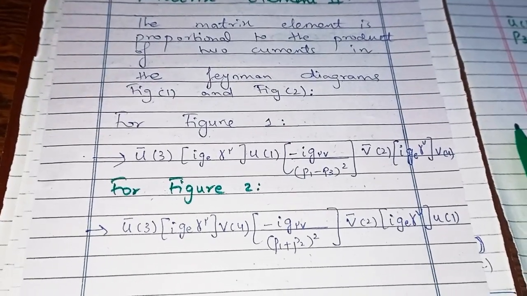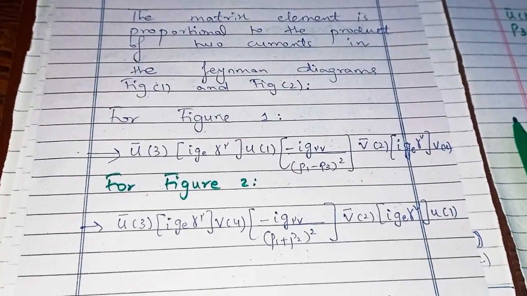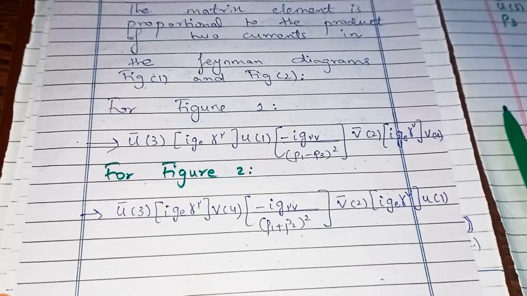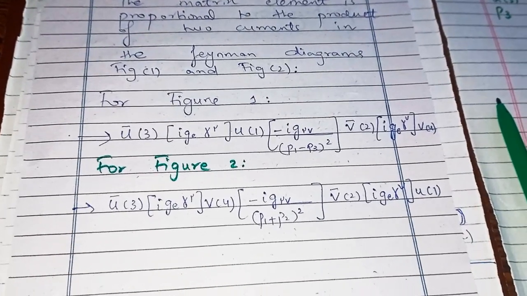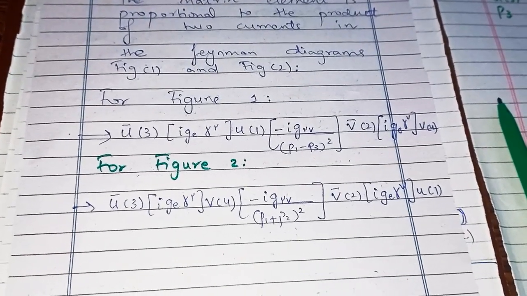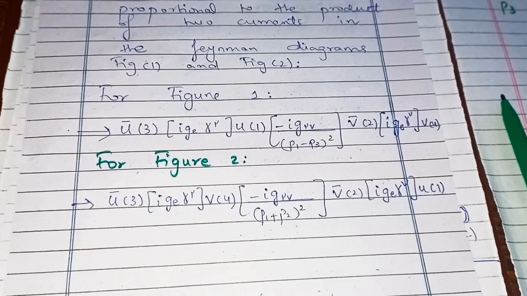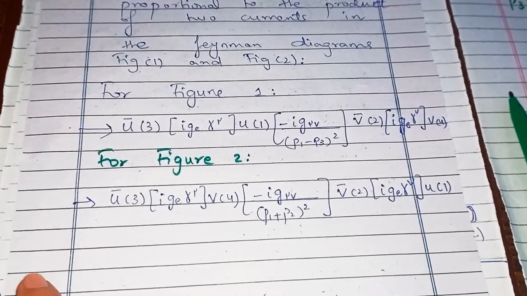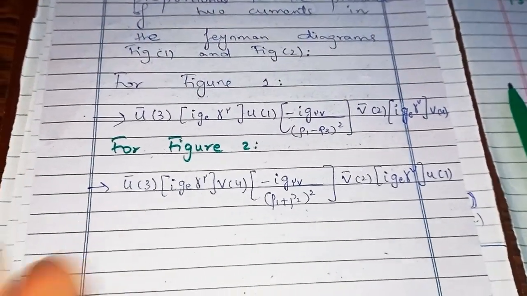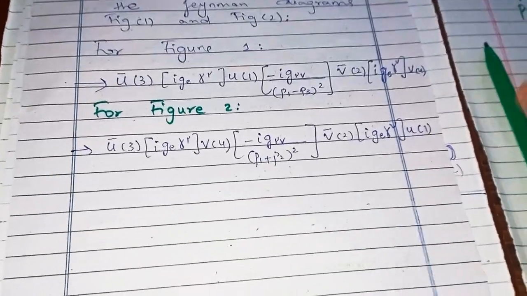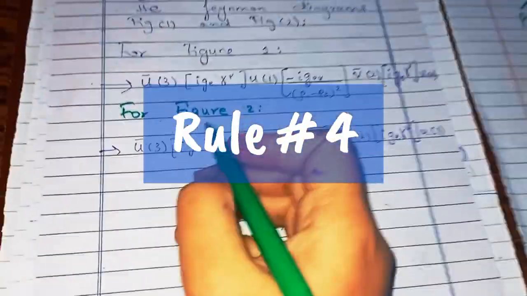Well, we have calculated the matrix elements, which was the crucial point. First we drew the Feynman diagrams, we labeled them, and then we found the matrix elements. And now it's the step to find the scattering amplitude, the interaction amplitude. Let's see how we can do that.